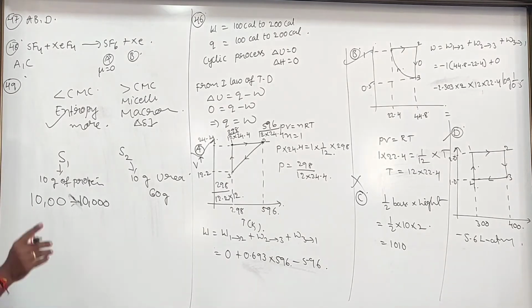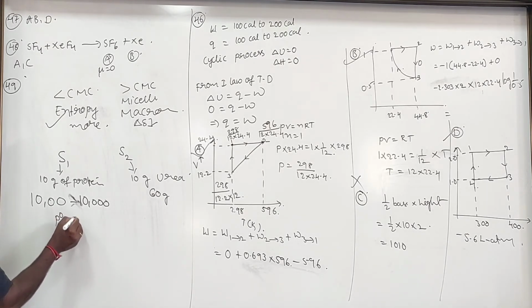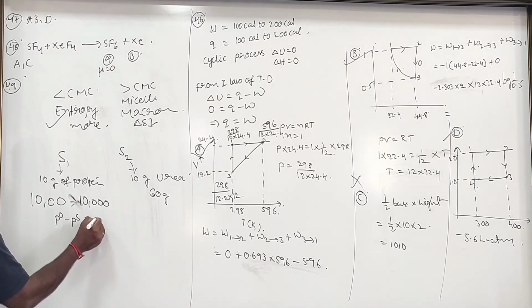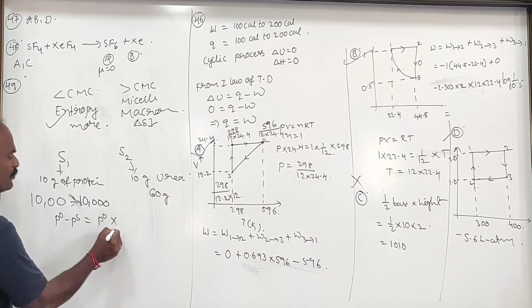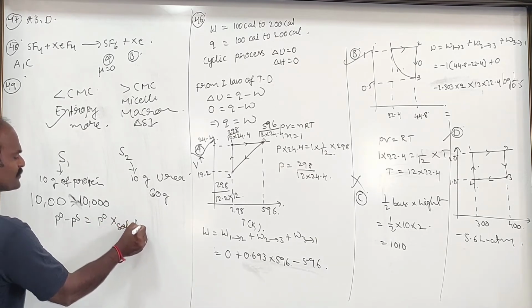Now vapor pressure, it's the vapor pressure of the solution. As we all know, vapor pressure P0 minus Ps is equal to P0 into the mole fraction of the solute.